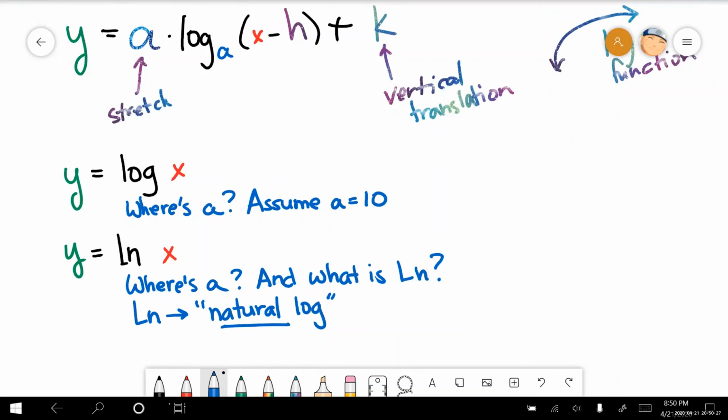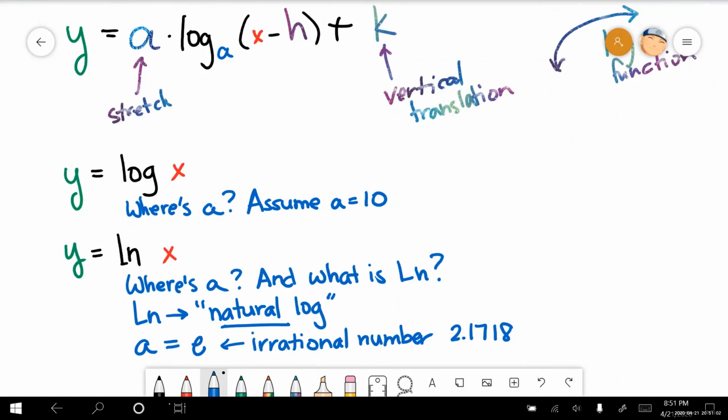And so that kind of helps us answer where's A. Remember that e is an irrational number, kind of like pi, that is equal to a forever decimal, but we can go ahead and stick with 2.71. I guess I should put a few more decimal places. So again, where's A and what is ln? ln is a natural log, so just basically another way of saying log.